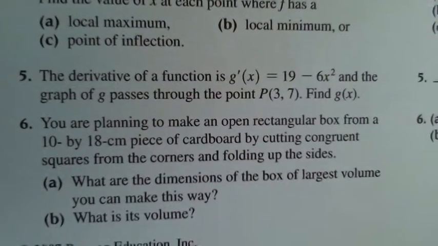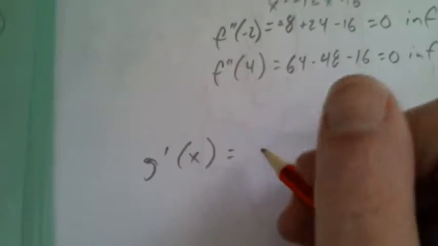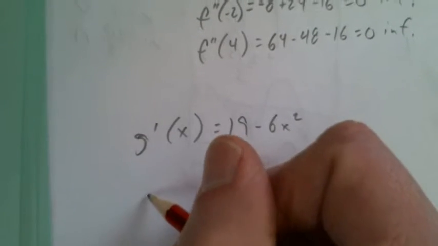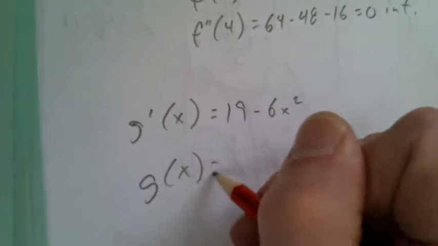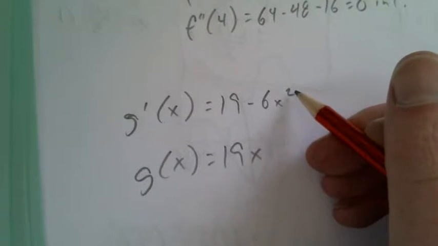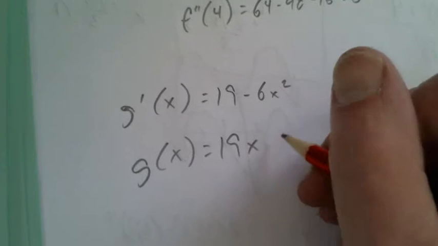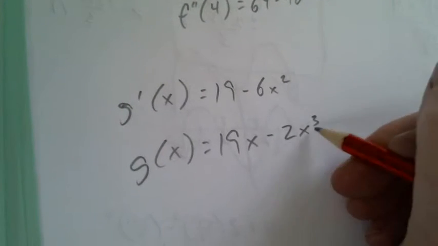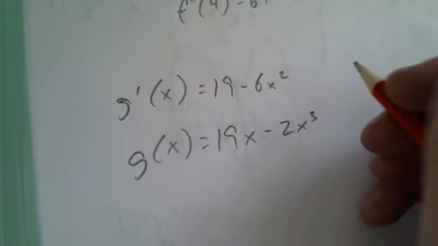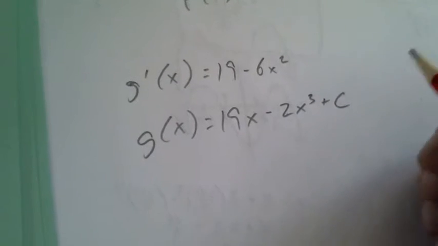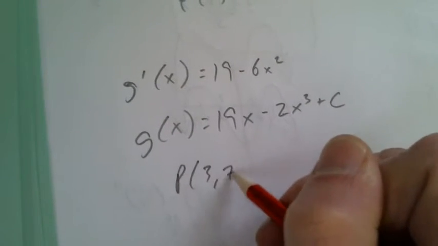All right. So g prime of x equaled 19 minus 6x squared. That means that g of x would be 19x minus 2x cubed, right? So bring it down, and then plus some sort of constant. But we know the point (3, 7) is in there.